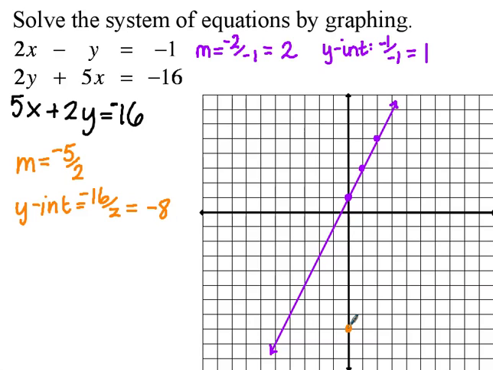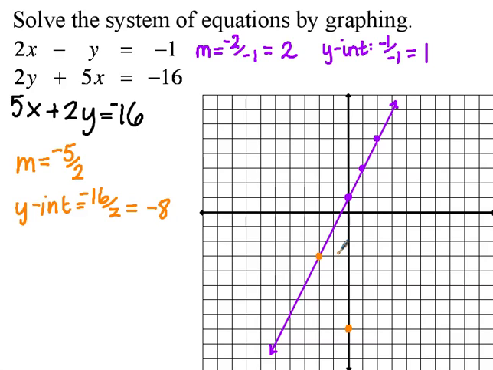And the question is, how do you graph a -5 halves? In this case, you're going to have to go up and to the left, since you can't go down and to the right. So I'm going to go 1, 2, 3, 4, 5, and over to the left. Oh, look at that. That worked out really slick.